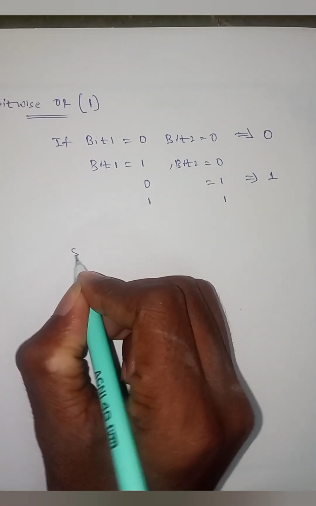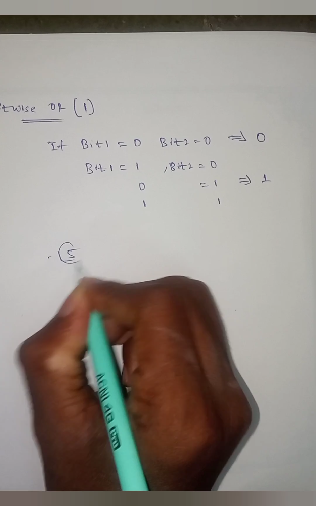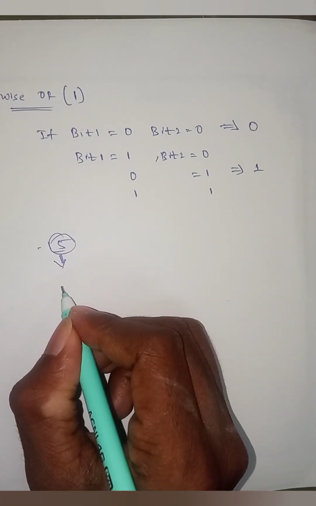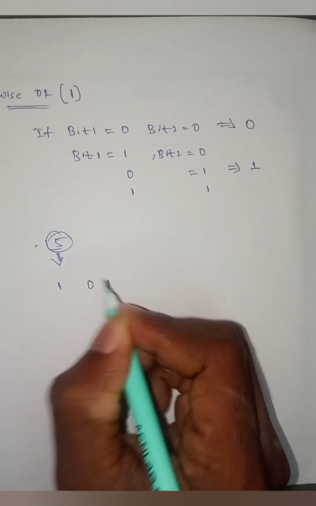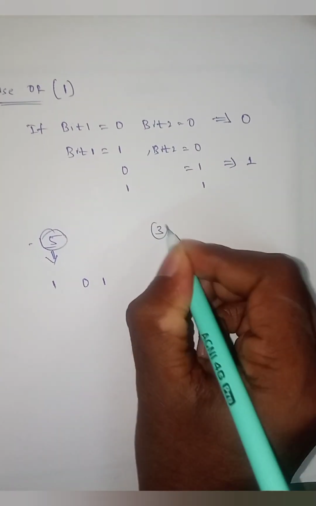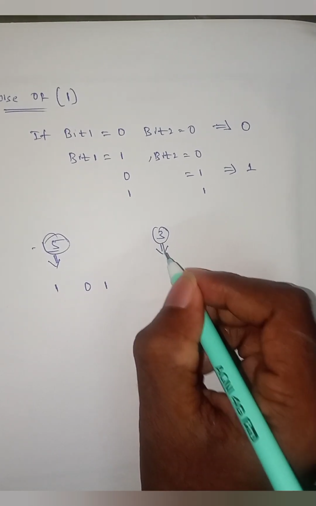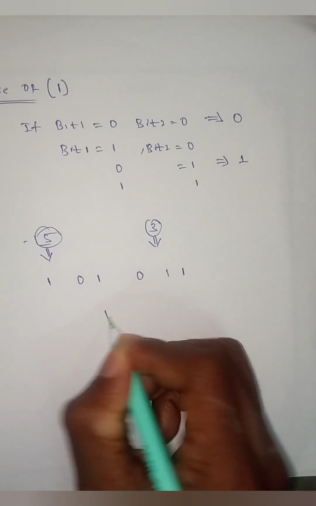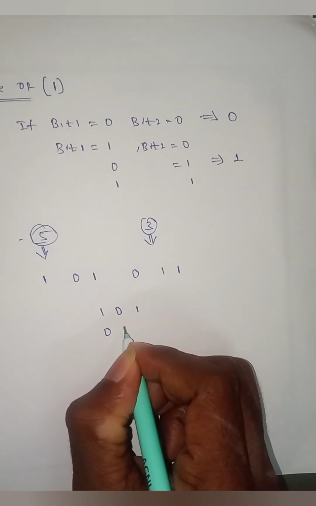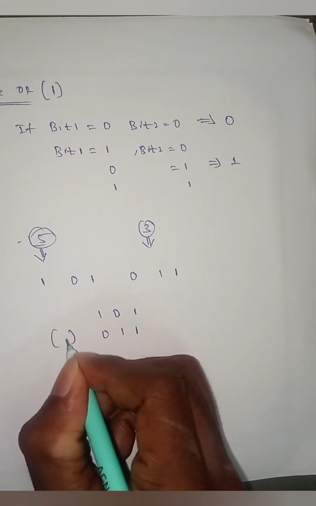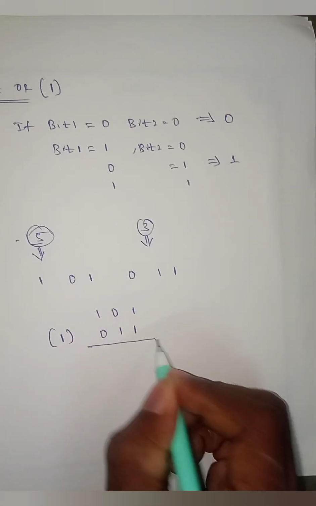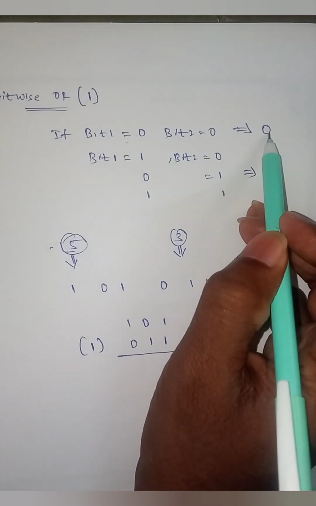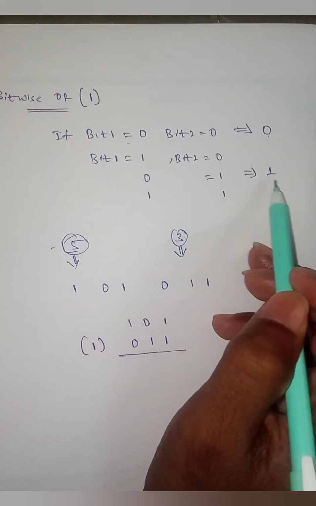Suppose we consider the integer 5. If we denote it with bit representation, it gives us 101, as we have seen previously. And if we take the integer 3 and write it in bit representation, it gives us 011. So that is 101 and 011. If we perform the bitwise OR operation, if both the bits are 0, the output would be 0, and in all other cases the output is 1.